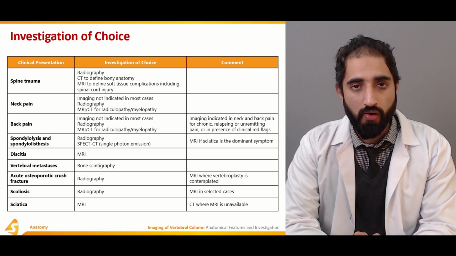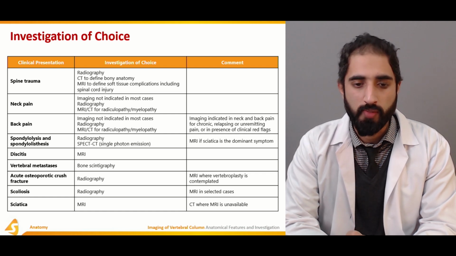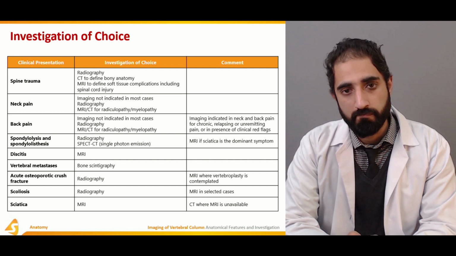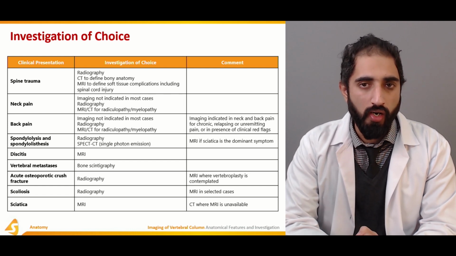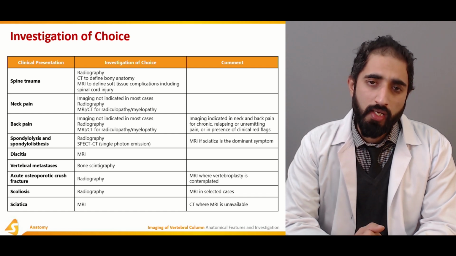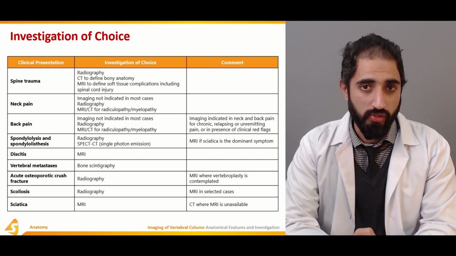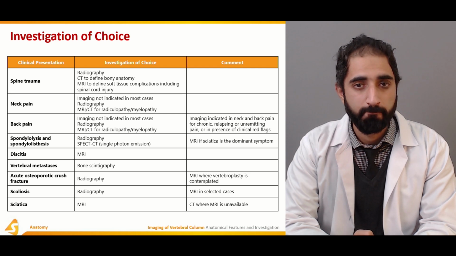In terms of non-specific neck pain, which is biomechanical in nature, imaging is not indicated in most cases. However, we can still do an X-ray or a radiograph, for example, if we want to observe the cervical spine in terms of its biomechanical features such as cervical lordosis or straightening of the cervical spine.